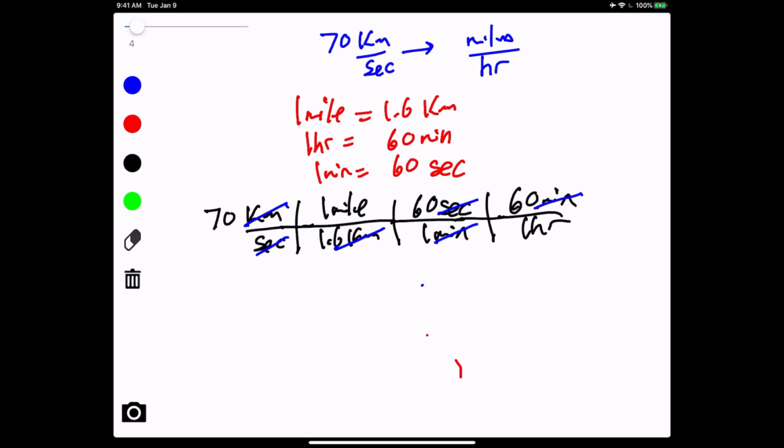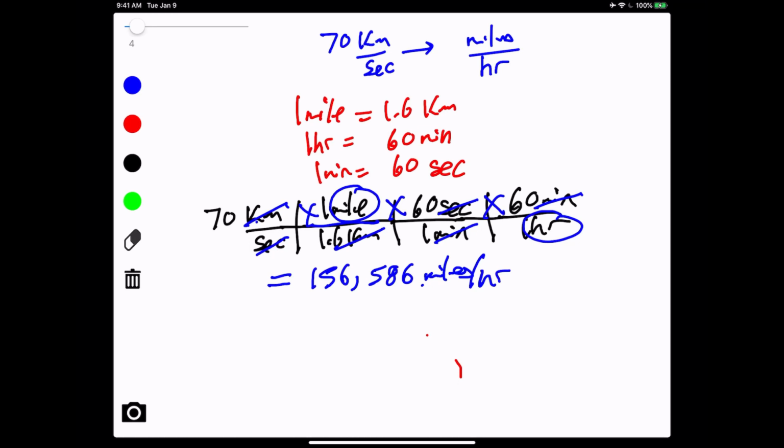So now the only units that we have left are miles and hours. So 70 times 1 times 60 times 60 divided by 1.6. And when you do this math, you're going to get 156,586 miles per hour. That's a lot.